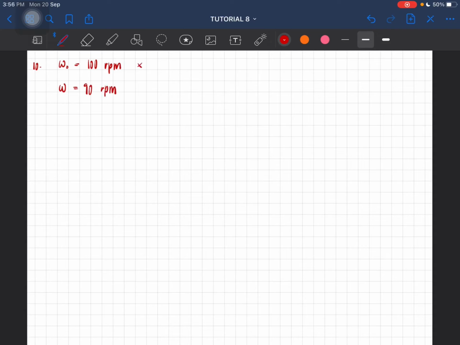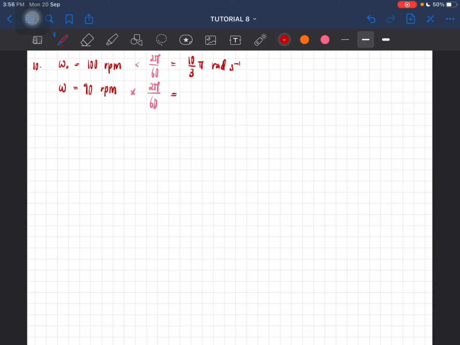So this one, you can convert this into radian per second, or you must convert, just so that you don't forget that you have to convert this into SI unit. Okay, this is 10 over 3 pi radian per second.